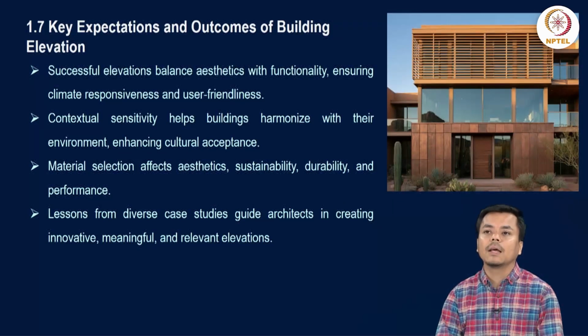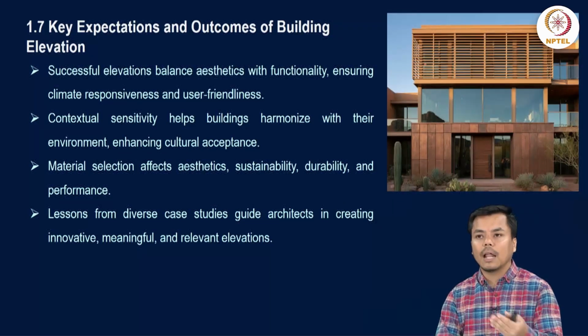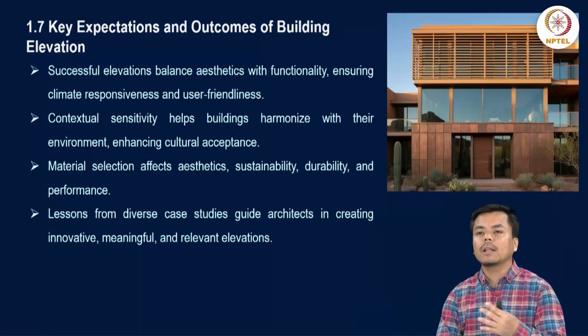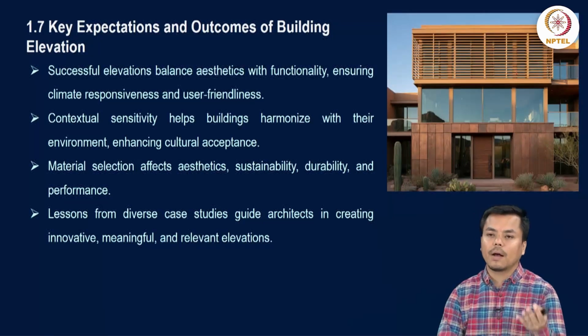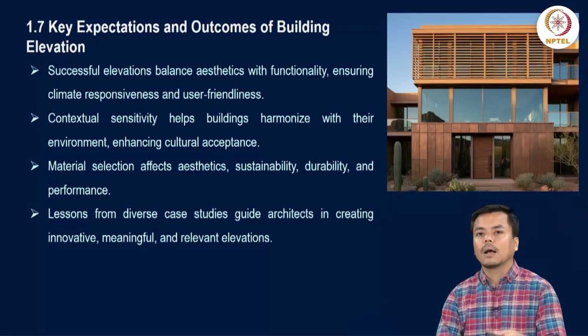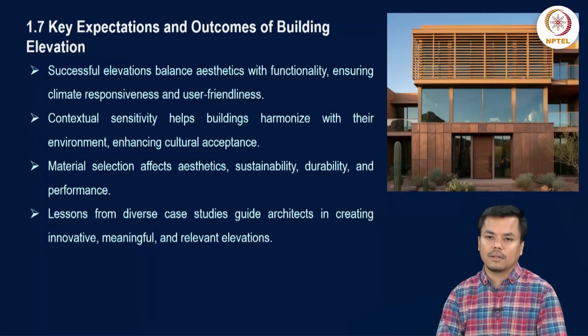That can be achieved by designing a jali all along the balcony, so that privacy is maintained and people still enjoy the view from the balcony. This is the typical approach to the design.